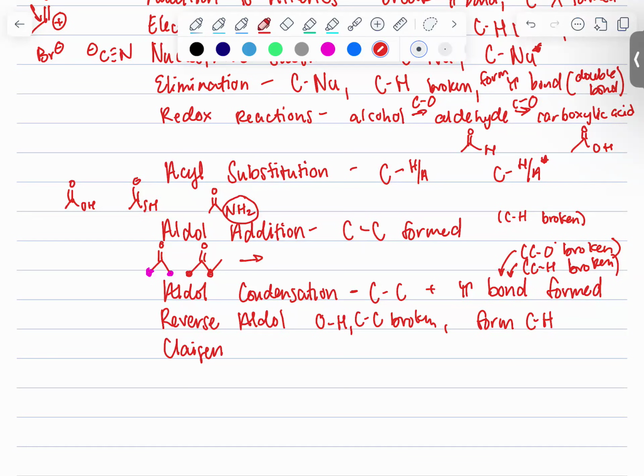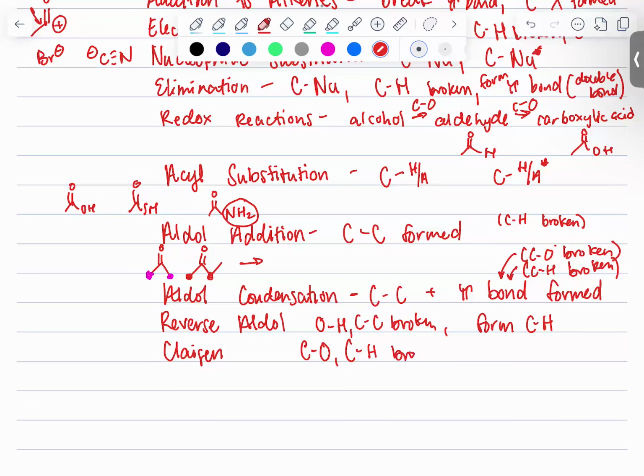Breaking or forming? Is that the only kind of bond we break? So what kind of bonds do we form? Carbon-carbon. What else? Oxygen-hydrogen.